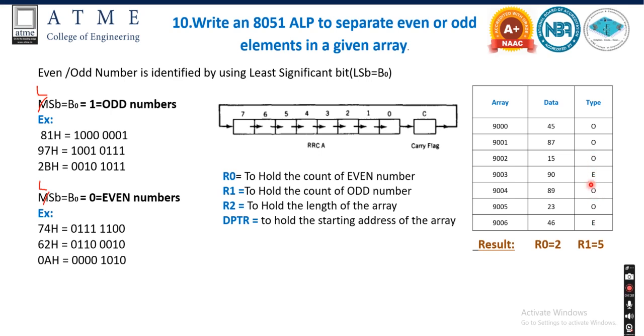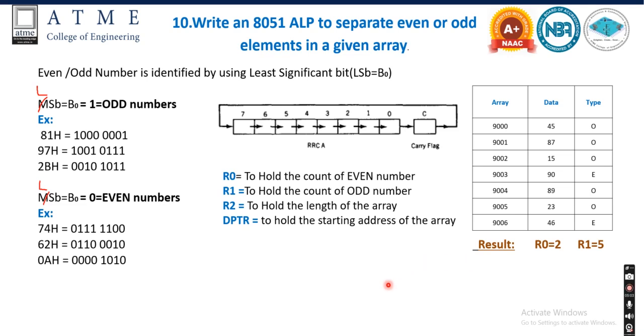If I count, 2 even numbers are present and 5 odd numbers are present. After execution of your program, you have to get the count of odd and even numbers in the array.